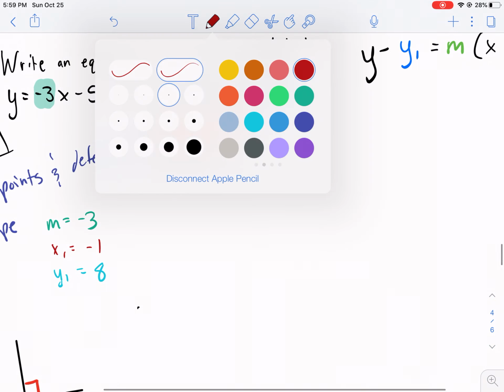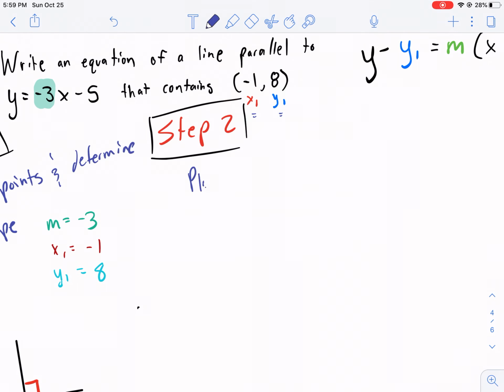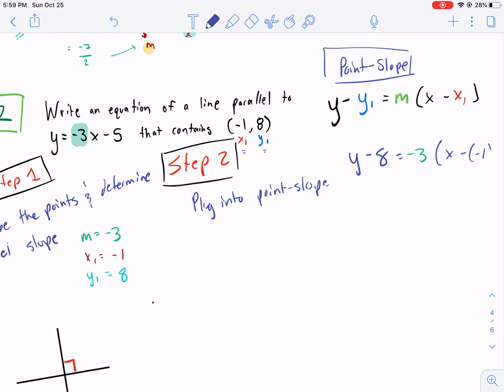Now, second step, pretty easy. We just plug into point slope. We're going to take all these values and replace every one that we know. So we have y minus 8 equals -3 times x minus -1.